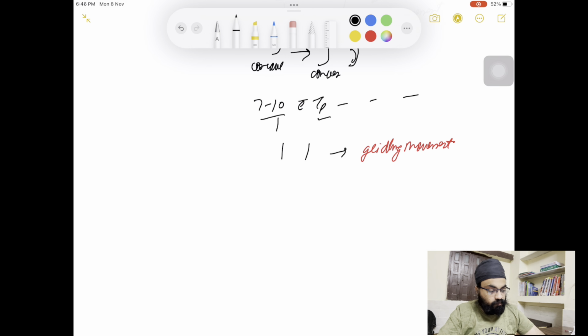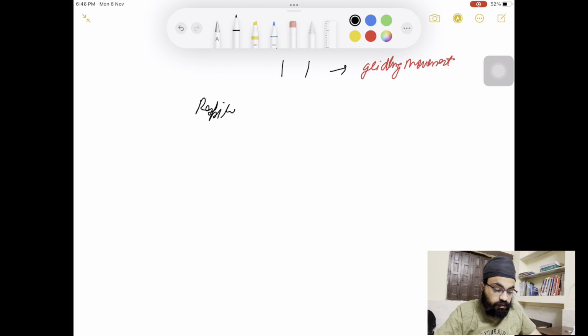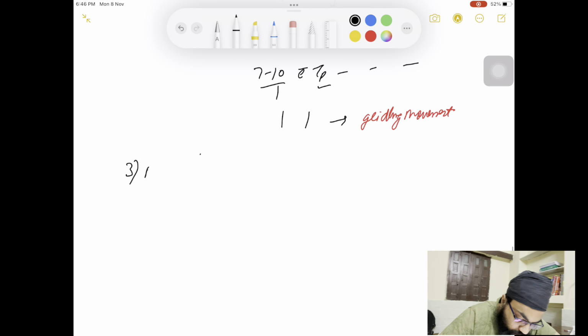Okay, so now I'm going to talk about the proper respiratory movements. Sorry, I forgot to mention the other joints. Manubriosternal. It is basically the joint between the manubrium and the body of the sternum.